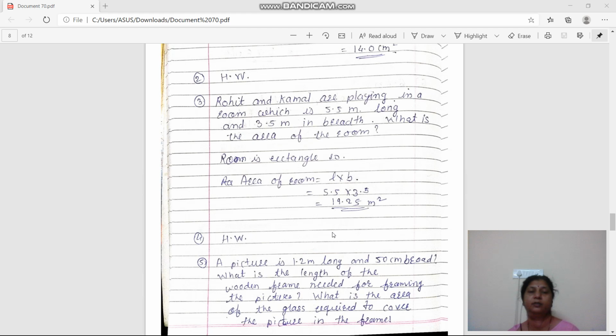Okay, so let's start the fifth example. A picture is 1.5 meter long and 50 centimeter broad. What is the length of the wooden frame needed for framing the picture? What is the area of the glass required to cover the picture frame?